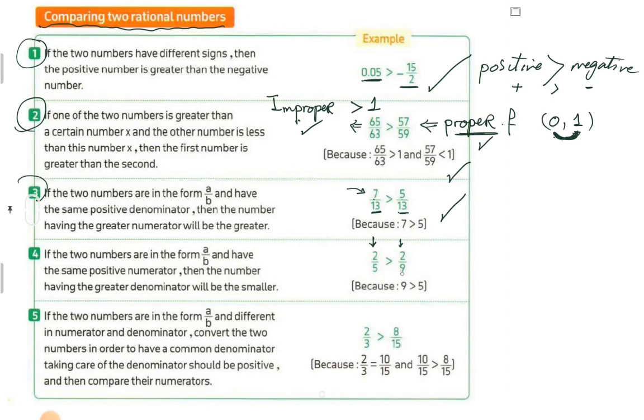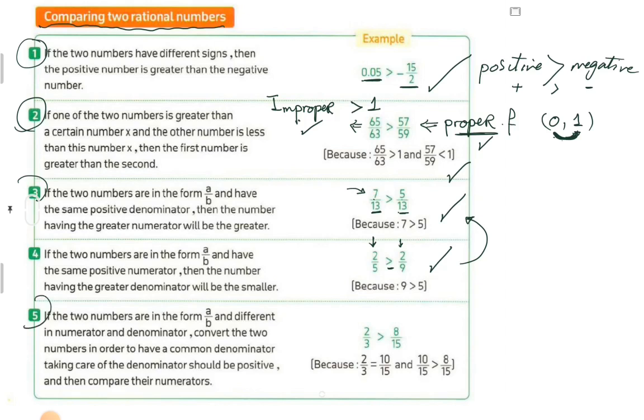So the biggest denominator makes the fraction the smaller one. So 2 over 9 is less than 2 over 5, or 2 over 5 is greater than 2 over 9, because it's the same numerator and 5 is less than 9 in the denominator. It's the opposite of the previous case.